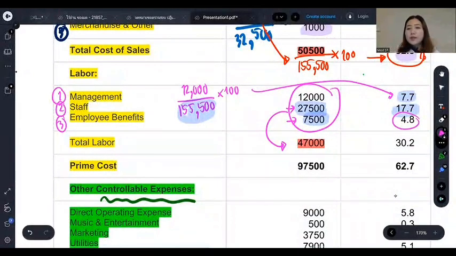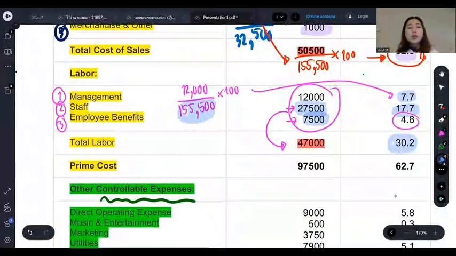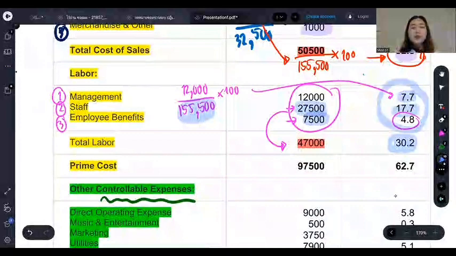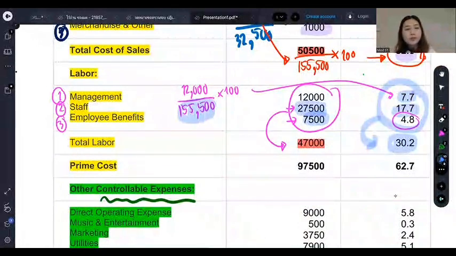And for this one, we total all the cost of labor, and then we will get this percentage of the total labor cost.